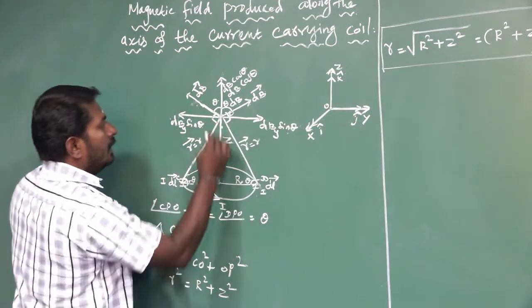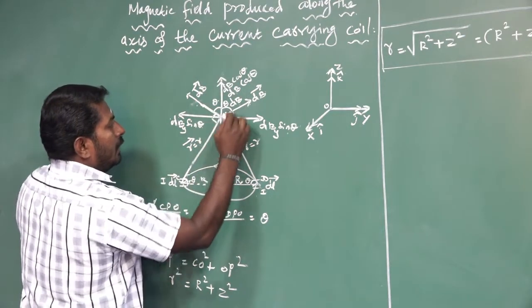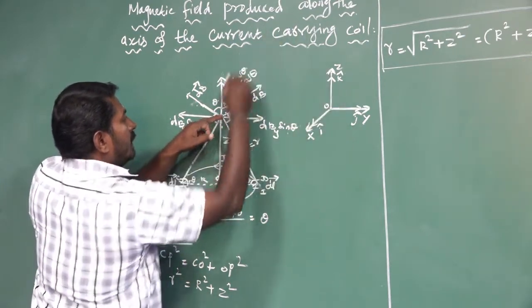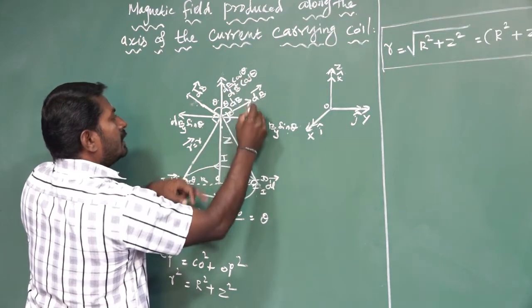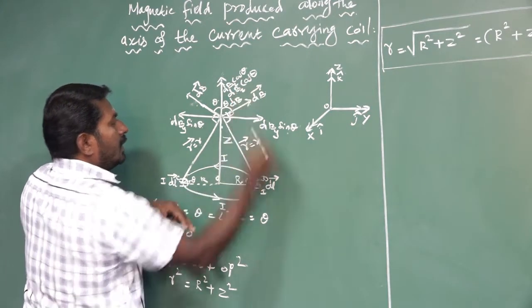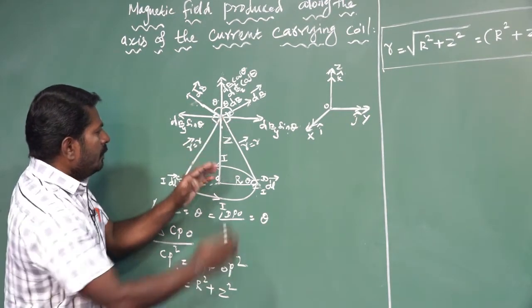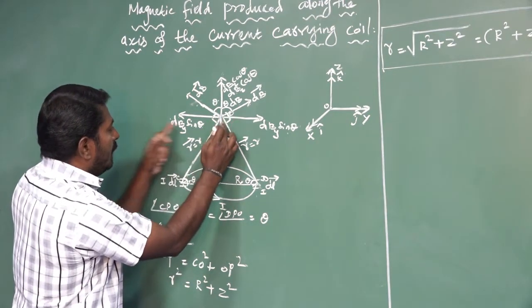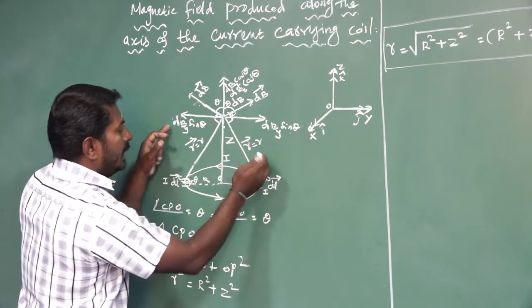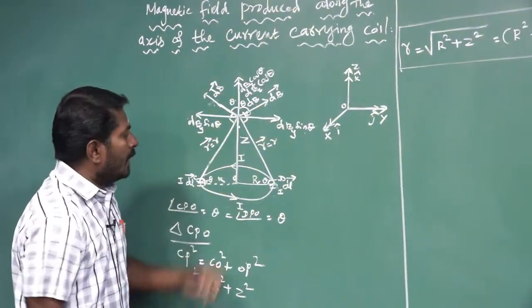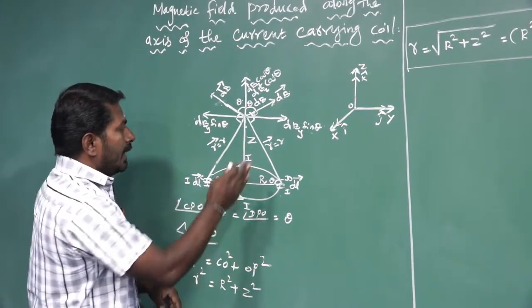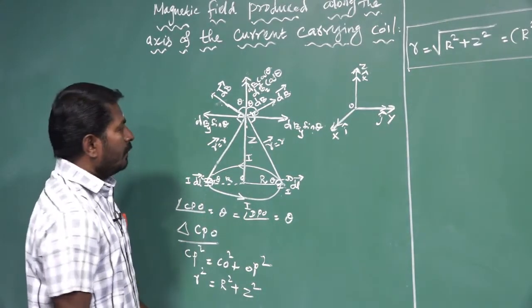But the vertical component acts along the z-axis, dBz cos theta. So at this point P, dBy sin theta and dBy sin theta are equal in magnitude, acting in opposite directions, and cancel out with each other.